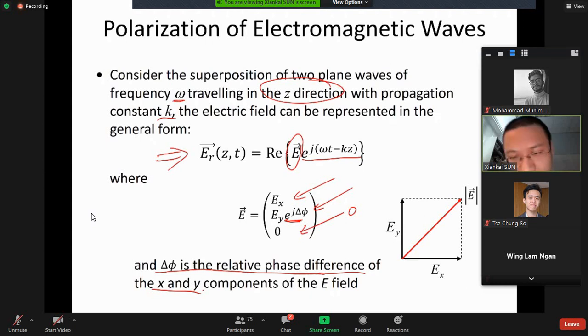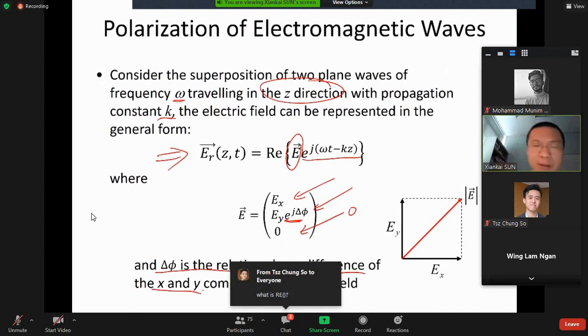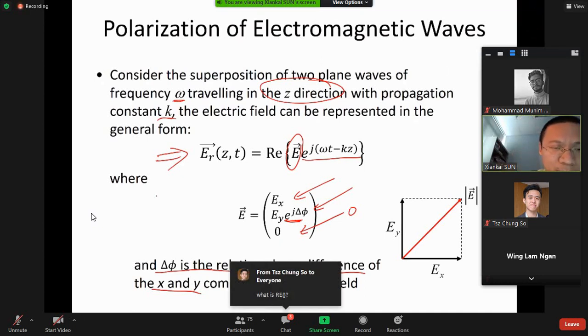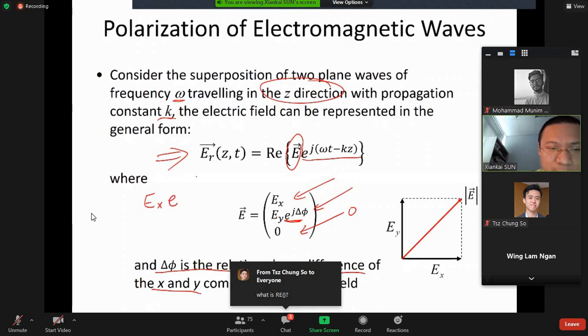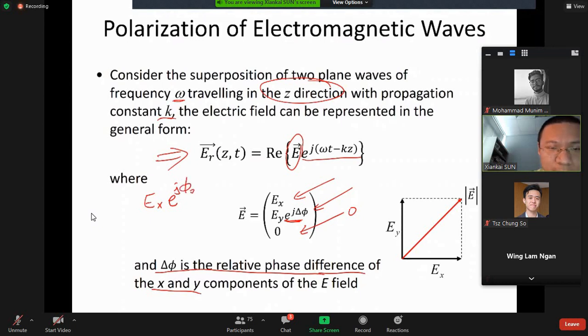Well, you may argue, why can we set Ex to be a real number? Well, it does not matter. If it is not a real number, say e to the j phi 0, it does not matter. That becomes this, right? e to the j phi x. And more generally, e to the j phi y.